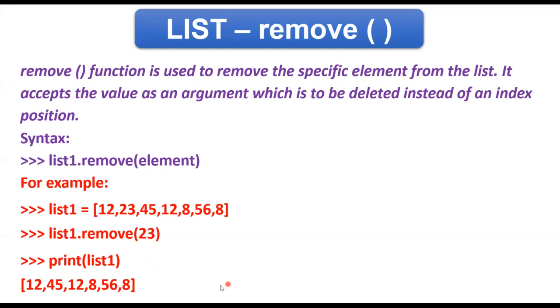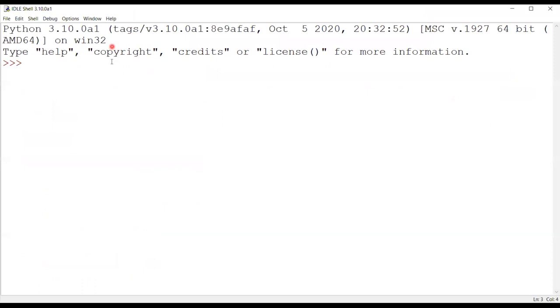Now, I can show you this practically as well. I'm going to take one list, L1 is equal to, now let me take a list of elements in this way. Now, I'm going to remove, we can take 56. So this element I want to remove from my list. Once I press enter, I will not get anything. That means my remove function is not going to return me anything.